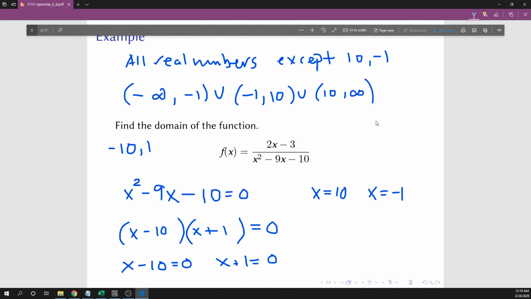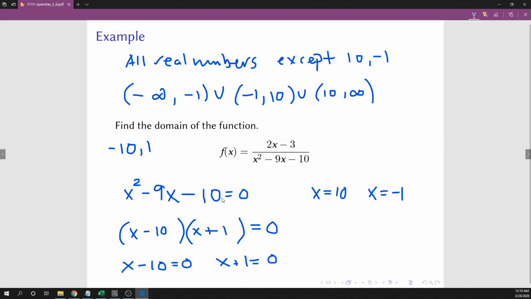That's really all there is to finding the domain. Just take the bottom part, set it equal to 0, find all the real solutions, and then the domain is all real numbers except those solutions, and that's it.